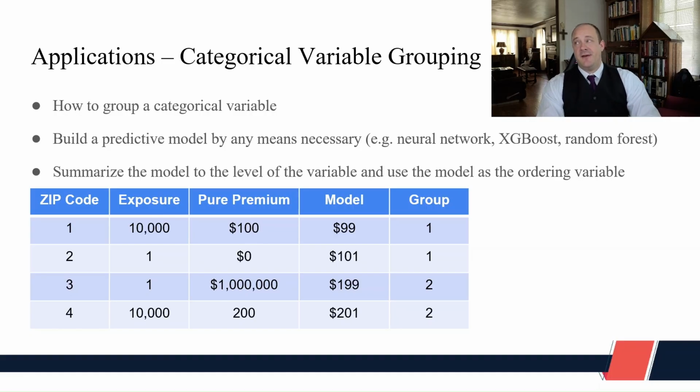Same thing at the make model level if you're dealing with cars: you take information known about the vehicle from the VIN, and you build a model by hook or by crook using that data. That gives rise to an ordering variable, that's the model. And then you say, okay, sort my data by the model, and then create groups of increasing pure premium, and that's how you can get a reasonable grouping of makes and models.